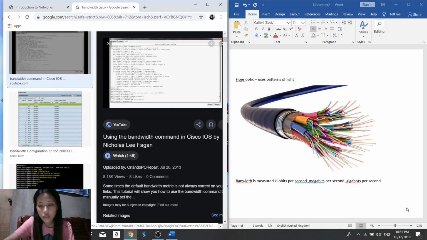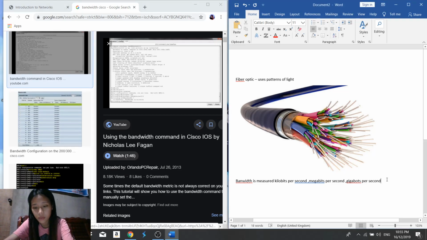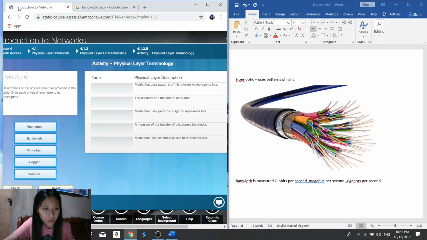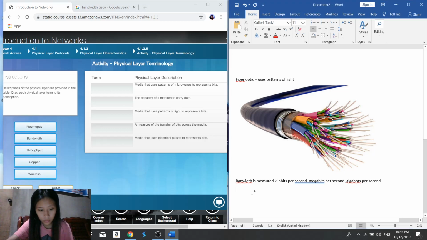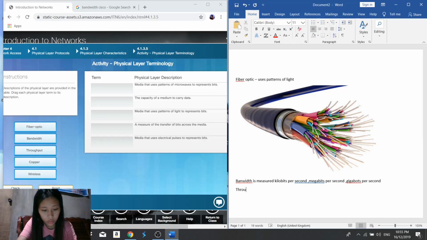Then for the next one we have the throughput. There are many factors that influence the throughput.